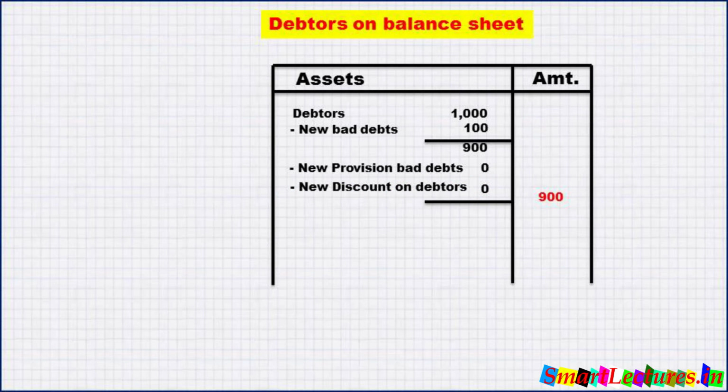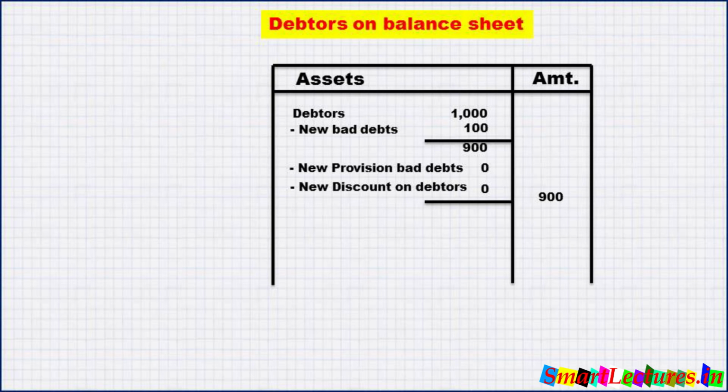So in this way you must remember these formats for profit and loss account and balance sheet. I strongly recommend you should write down in your rough notebook at least 4 or 5 times so that you can remember it. Now let's take more items.